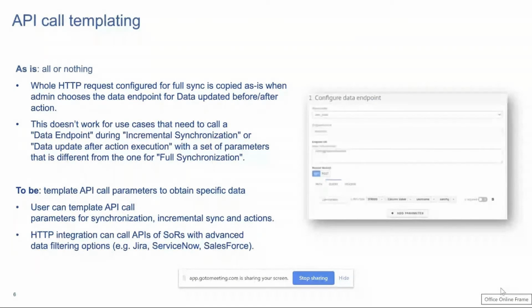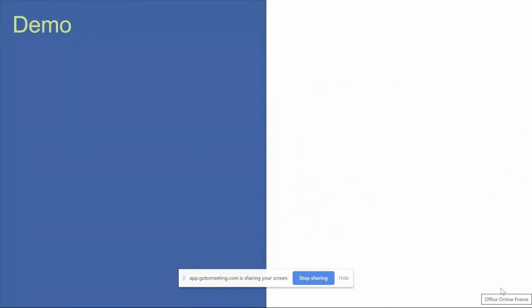And this means that HTTP integration would be able to call APIs of those SORs out there with advanced data filtering options. To name some names, those are Jira, ServiceNow, Salesforce, etc. And this is the highlight of this bit of the presentation. It will be a demo given by our colleague Matyas, who is the lead on this feature.